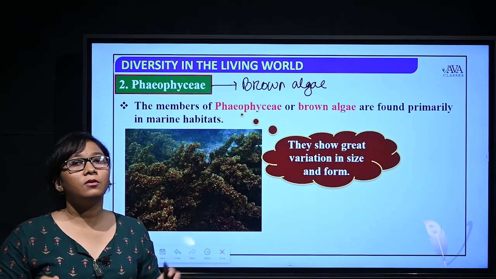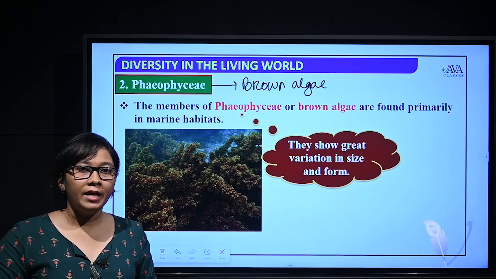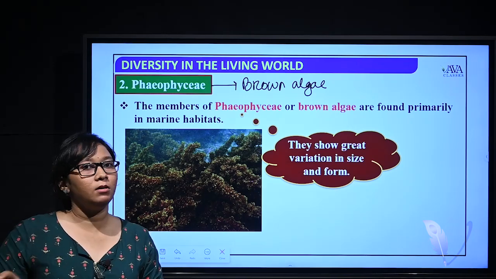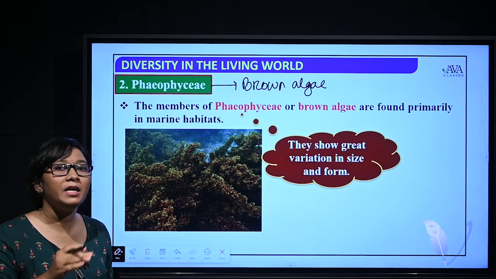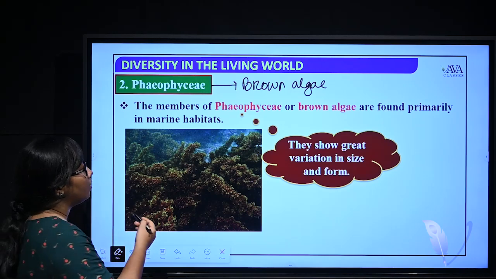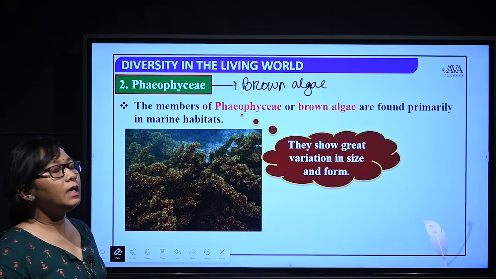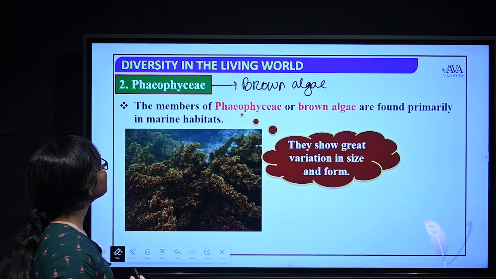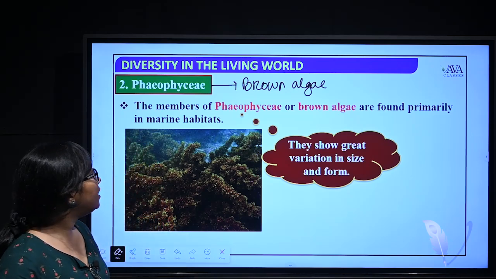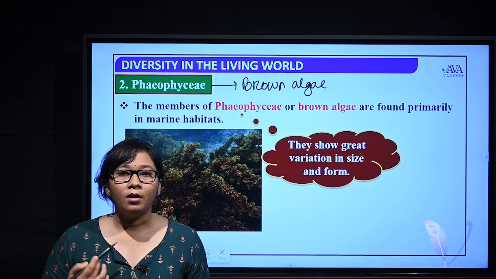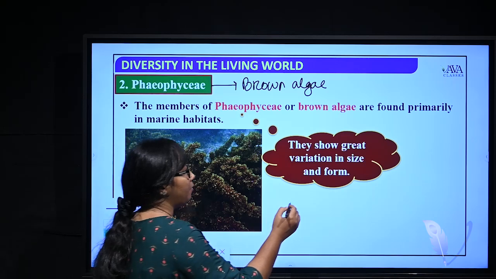But the fucoxanthin pigment, for which they appear brown in color, masks or completely covers other pigments. That's why the algae appear brown in color. Here you can see one type of brown algae appearing brown in color. The members of Phaeophyceae or brown algae are found primarily in marine habitats. I was telling you before that algae are aquatic organisms.